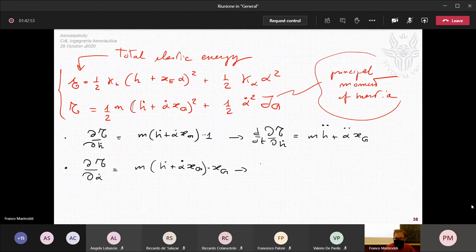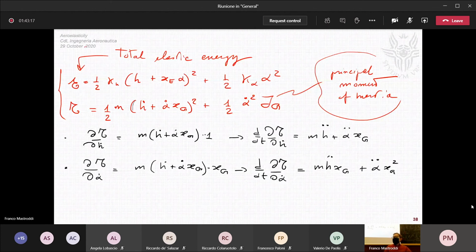And here, deriving this with respect to the time, we have m h dot by xg plus alpha dot by xg to the power 2. Okay?